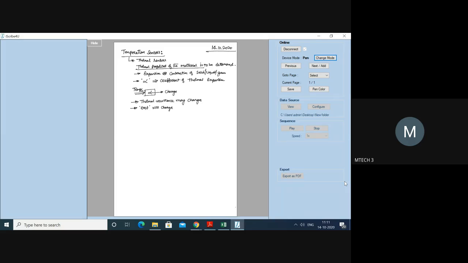The various properties are, number one, the expansion or contraction of the material due to alpha, the coefficient of thermal expansion; or the resistance might change with the increase in temperature. Some materials have a positive coefficient of resistance change, and some have a negative coefficient. Then the EMF will change. These are the broad introduction to temperature sensors.